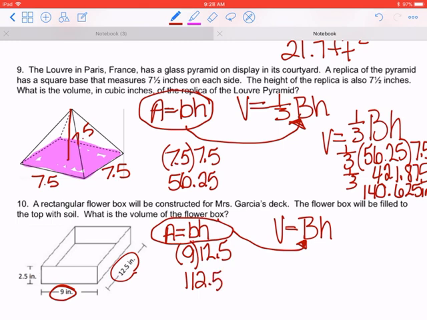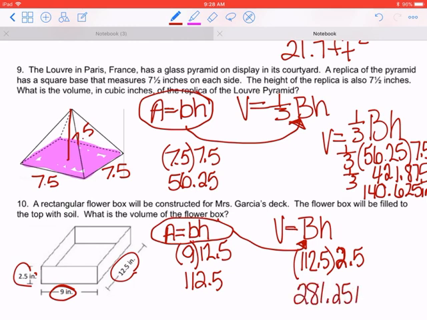I'll replace that number with the big B and then multiply it by the height of the entire structure, or the entire rectangular prism, which is 2.5. That should give me 281.25 inches cubed.